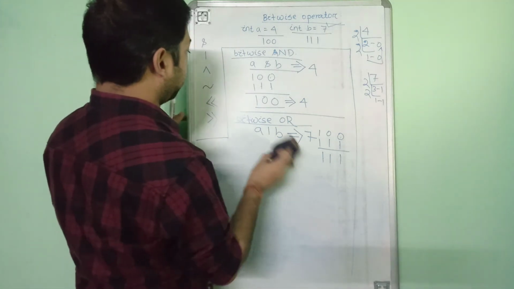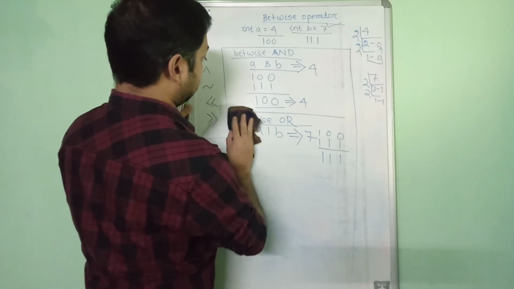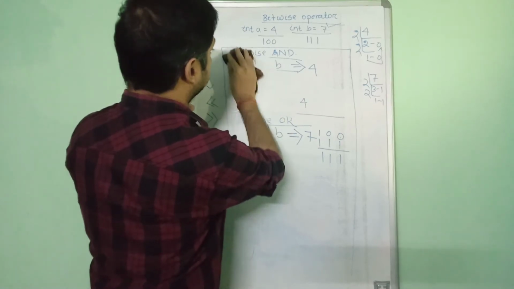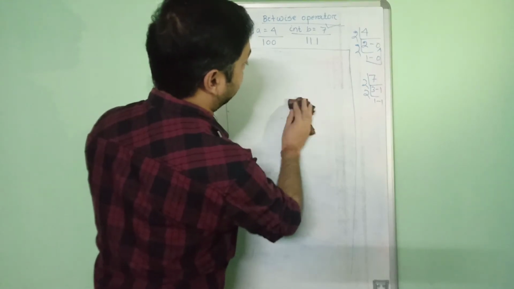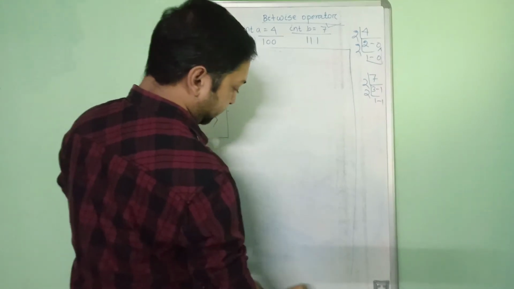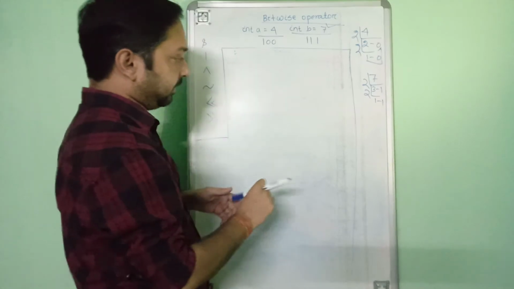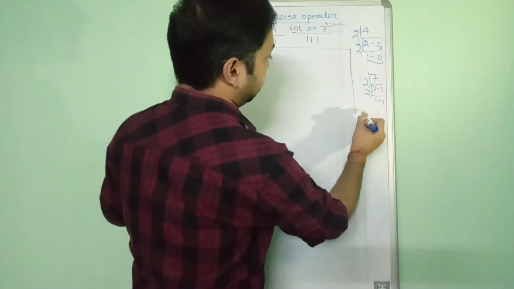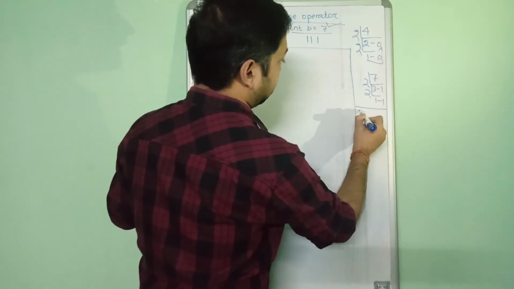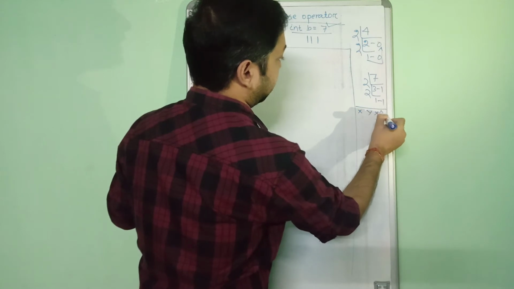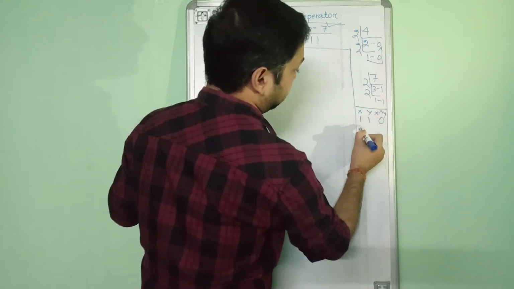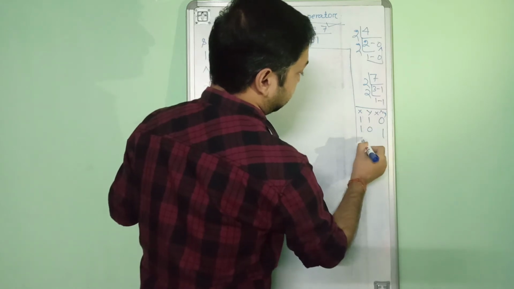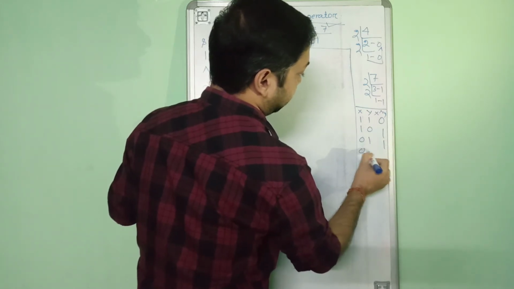Now let us move to the next part, the XOR operator. What is XOR? This is exclusive OR. And what is the truth table? The truth table of XOR is x, y and x XOR y: 1, 1 gives 0; 1, 0 gives 1; 0, 1 gives 1; and 0, 0 gives 0.